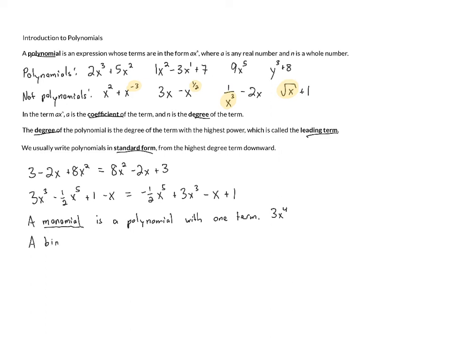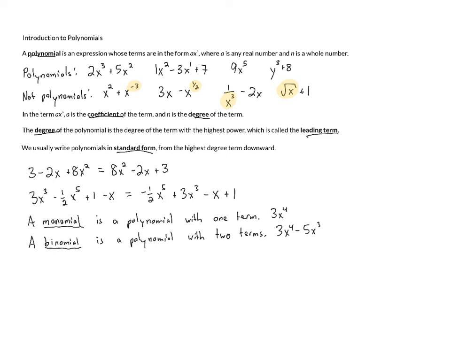Next, a binomial is, what do you think it is? A polynomial with two terms. Good job. I'm going to guess that you guessed that correctly. Oftentimes students can tell. For example, 3x to the fourth minus 5x cubed.